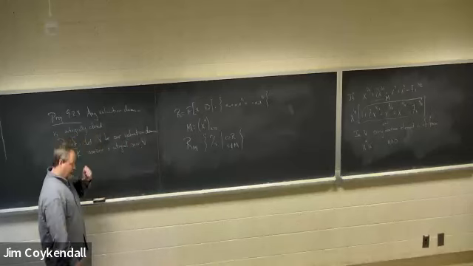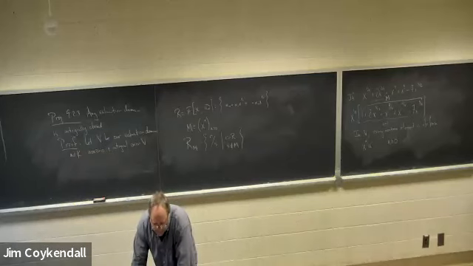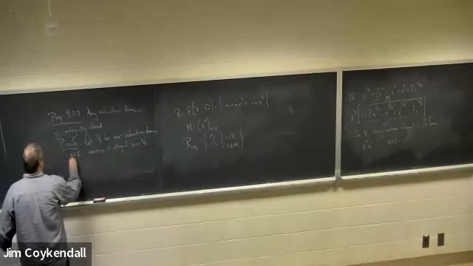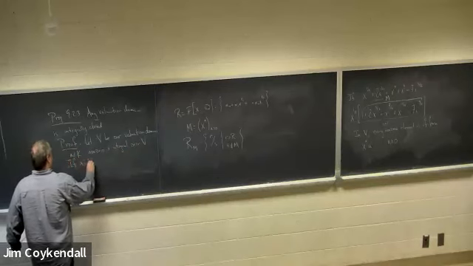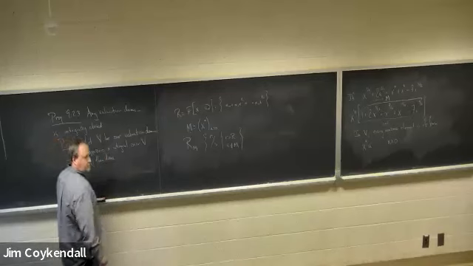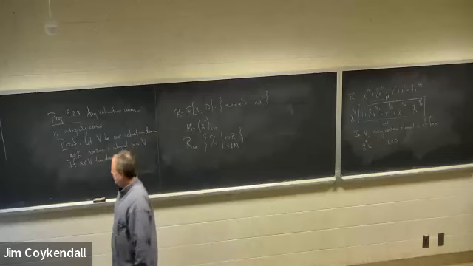I mean, clearly, if alpha is 0, it's already in the valuation domain. If alpha is in V, then done, because that's what we want to show. So we will assume that alpha is not in V.